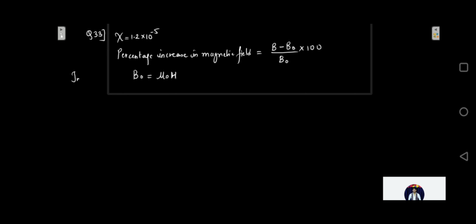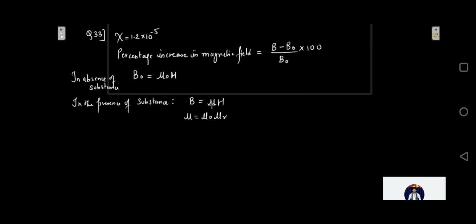In the presence of substance, B will be equal to mu into H, where mu is going to be mu naught into mu R, that is permeability of free space multiplied by the relative permeability. This is the formula we have.